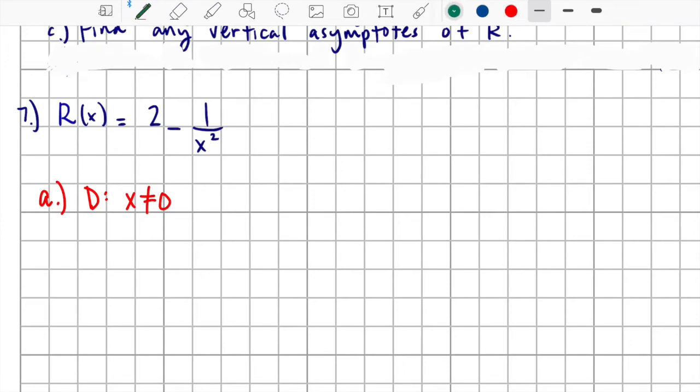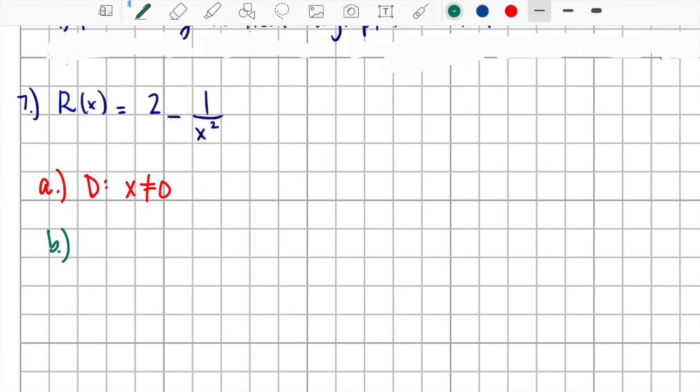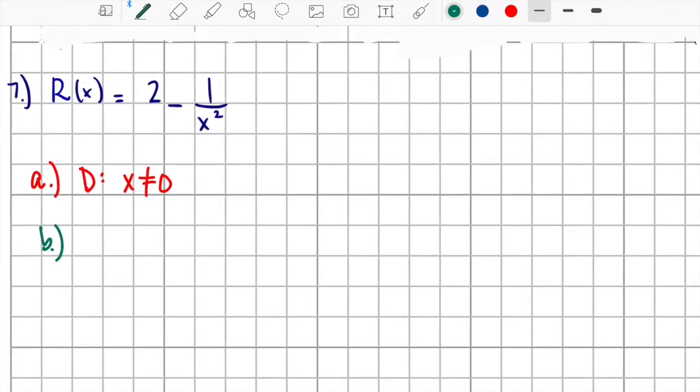For part B, we need to find horizontal asymptotes. That means take the limit at the infinities. So, limit as x approaches negative infinity of 2 minus 1 over x squared. The limit of a constant is the constant itself.